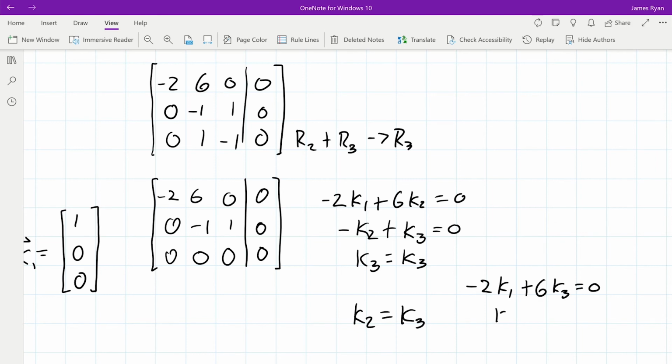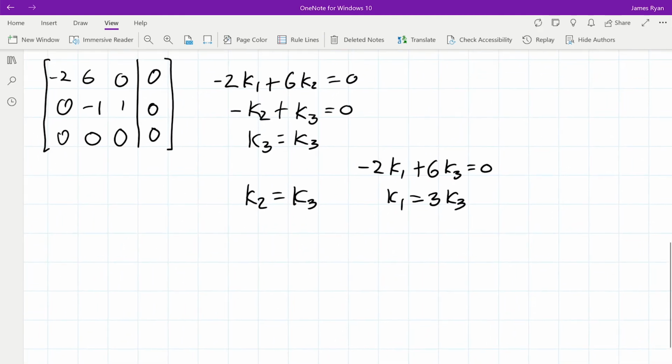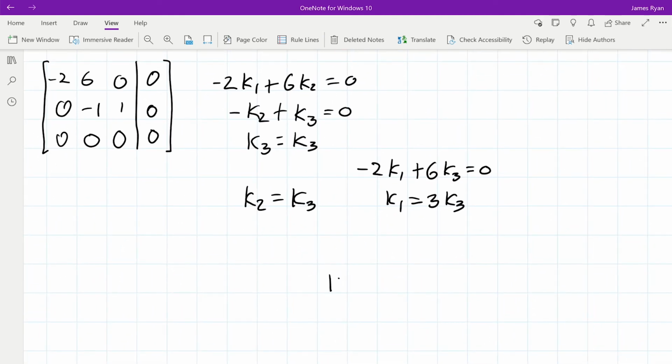So k1 is 3k3. So then from here, we get the eigenvector k2, which is associated with lambda 2, and if k3 equals 1, then we get 3, 1, 1 as that eigenvector.